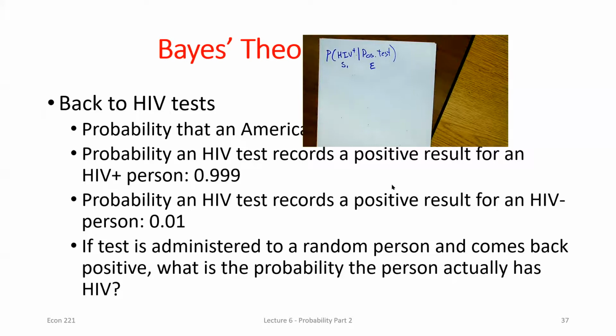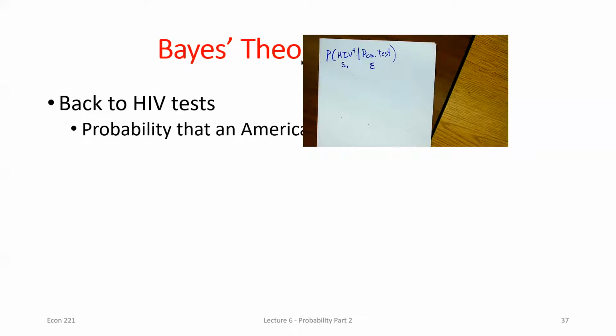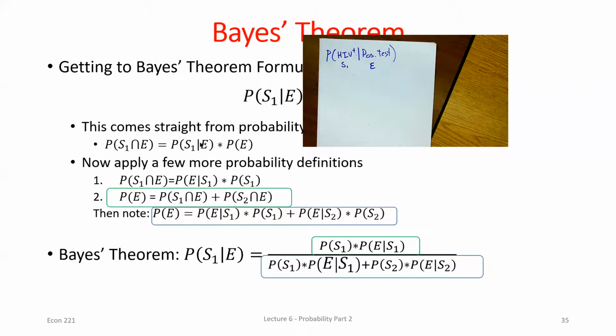So what I'm going to do, and I'll walk through the next example a little bit more in detail, I'll gloss over this a little bit just to have it set up. I'll go back and look at this general form of the equation, okay? My S1 is being HIV positive. My E is seeing a positive test result.